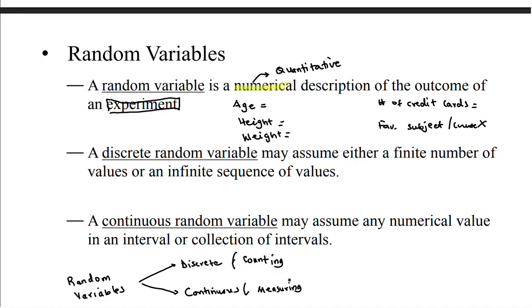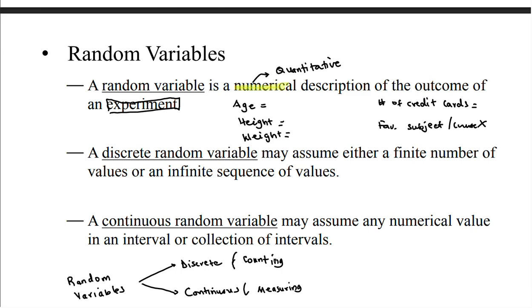Now let's look at some examples to describe this difference between discrete and continuous. If you take age, when I ask somebody to give me their age, they usually give you finite whole numbers, numbers that are whole. The values that we obtain for discrete random variables are values considered to be whole numbers. We don't see any decimal values in them.